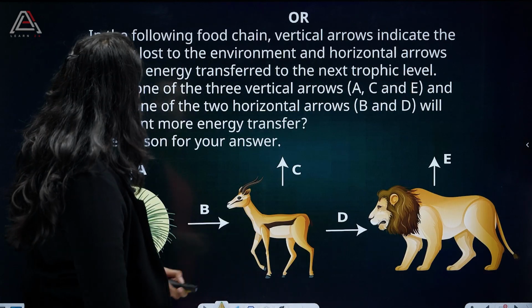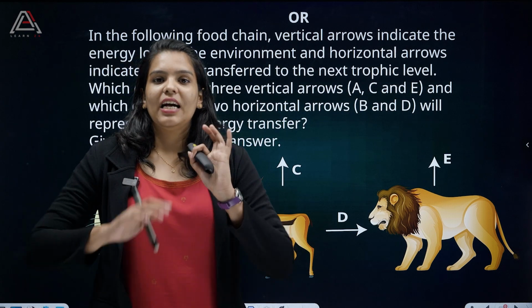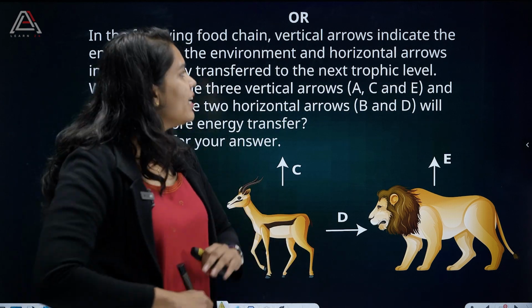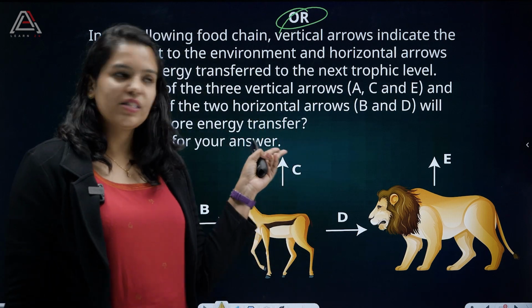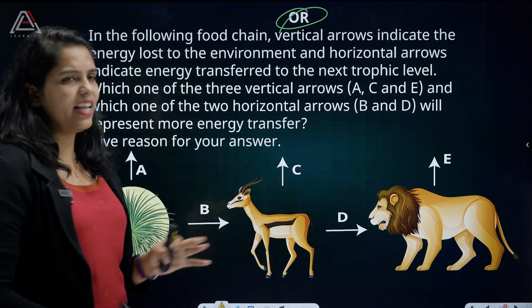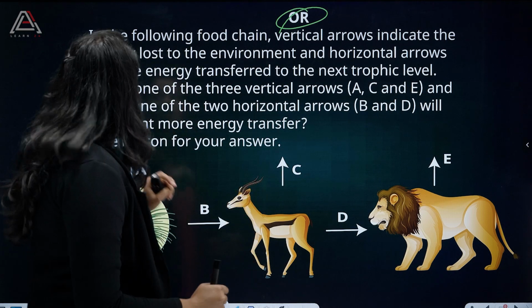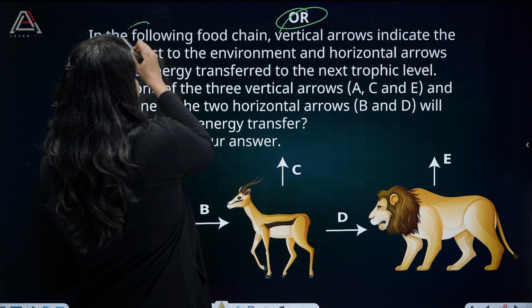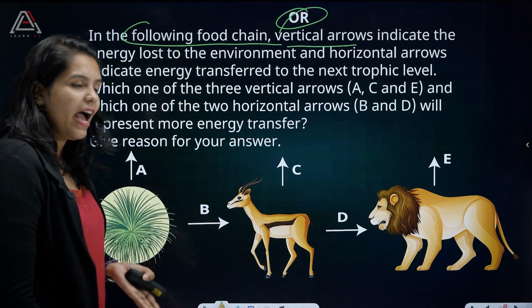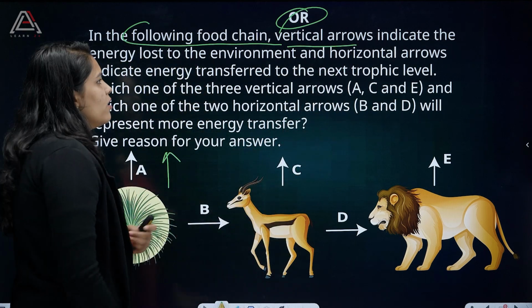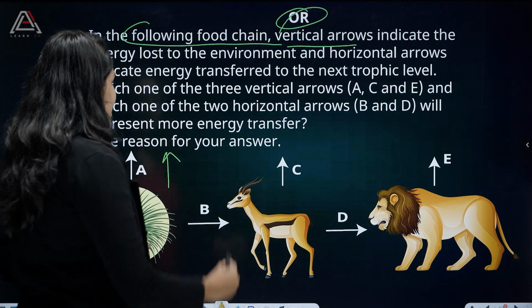In this question again an OR part is provided, so you have to answer either this question or the previous question. Let's see what this part is talking about. In the following food chain, the vertical arrows, like this, indicate the energy lost.